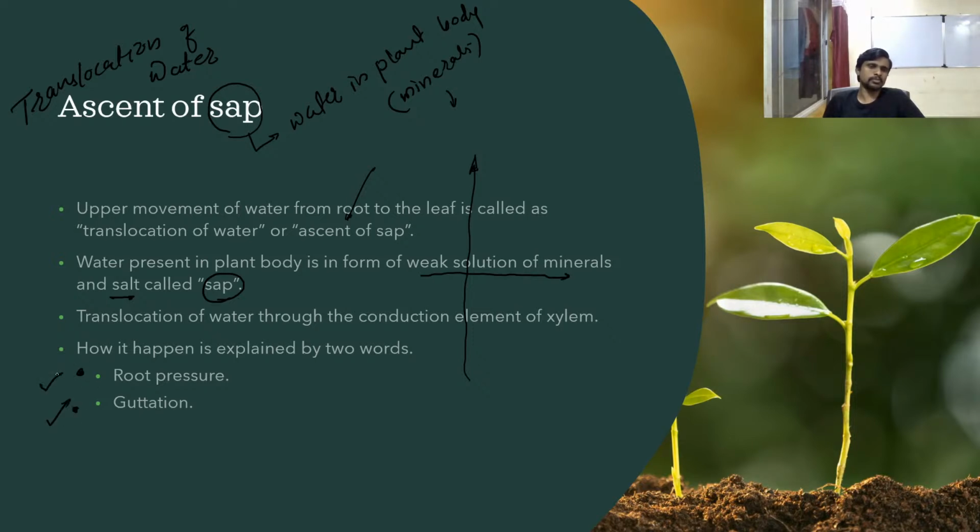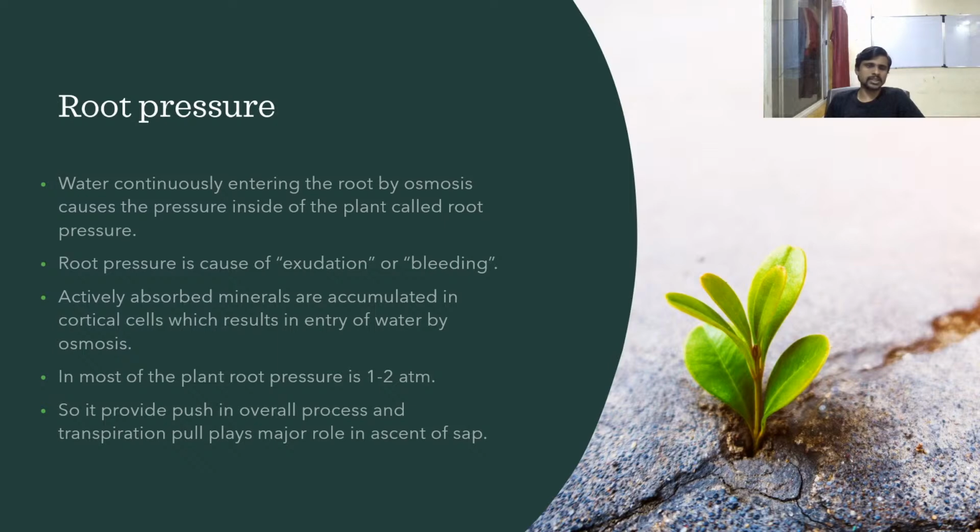These are the two concepts which explain how water translocates from the root to the top of the plant without any pump inside the plant. So without a pump, how does it work? Let's see what root pressure is. Water continuously enters into the root by osmosis, causing a pressure inside the plant called root pressure. So for example, this is a root.